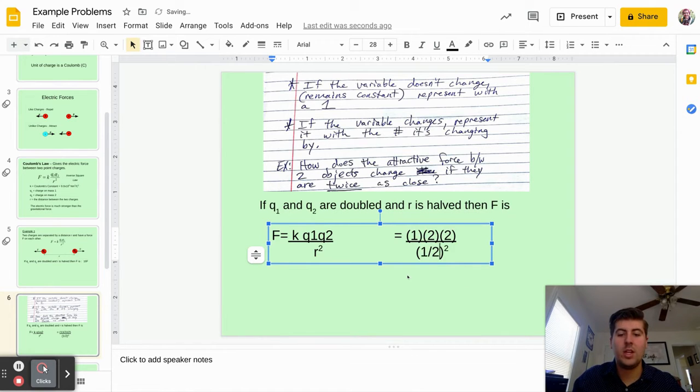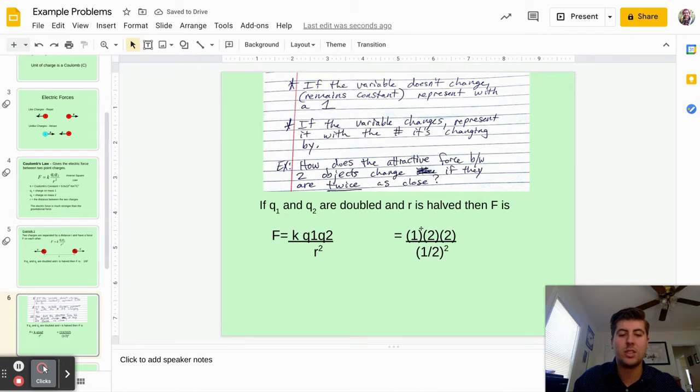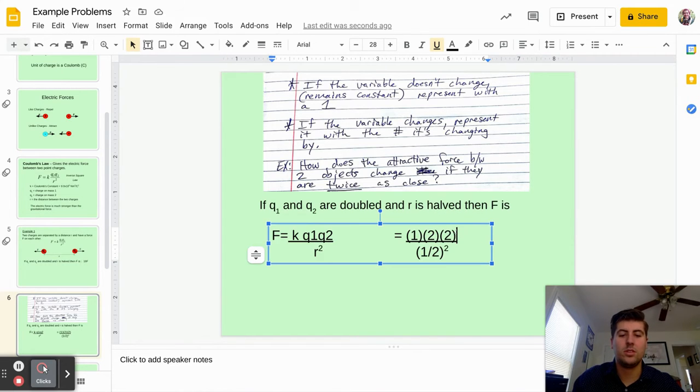Now what we have to do is just work out this math and see what it equals, which gives us a force. On the top we know that 1 times 2 times 2 is going to be 4, because times 1 is just 1, and 2 times 2 is 4. So we got 4 on top. And then on bottom, we're going to end up with 1/2 squared, which is 1/4. So we'll end up with 4 divided by 1/4.